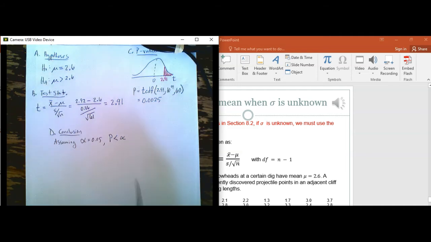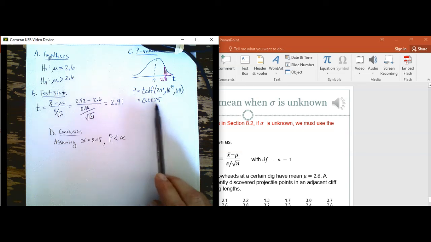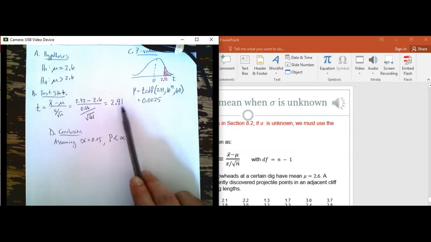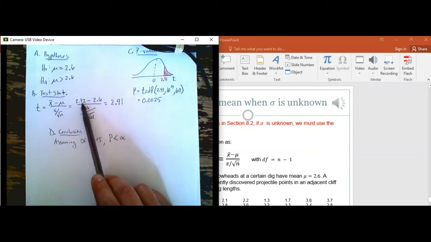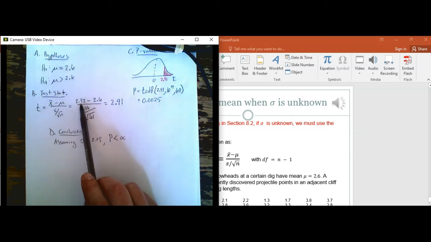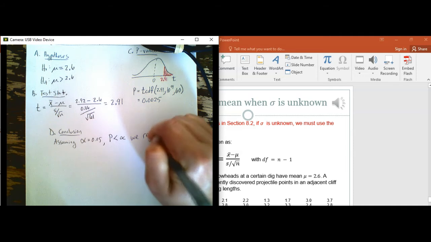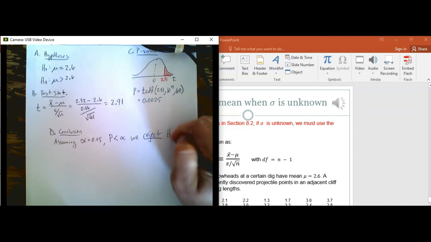So let's think about what that means. Because the p-value is so small, it is unlikely that we would obtain a sample like the one we got, a sample mean of 2.92, if the null hypothesis were true. It would be very unlikely to get a sample like we did. But in fact, we did get this sample. Therefore, there is evidence against the null hypothesis. So we reject H naught.